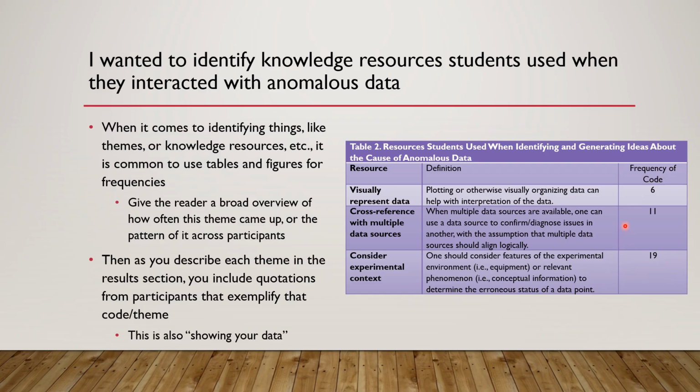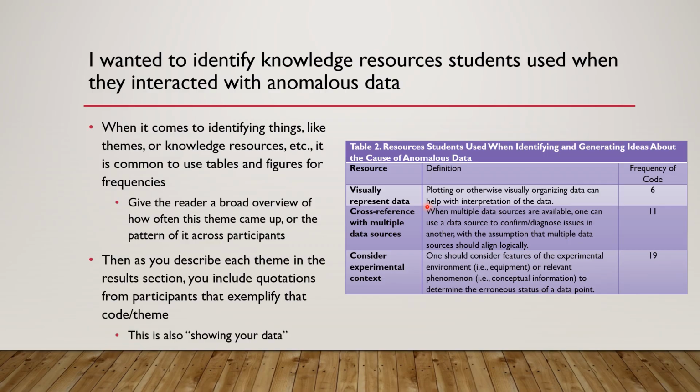So it does give you a way to get an idea of what patterns are happening in the data for these codes. It's not the only thing I give you. I give you this table, but then the first half of my results section is talking about what visually represent data means.